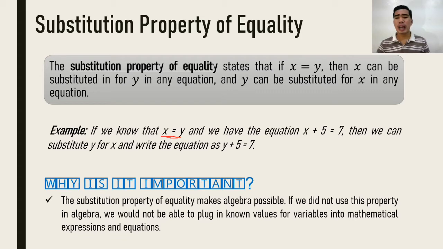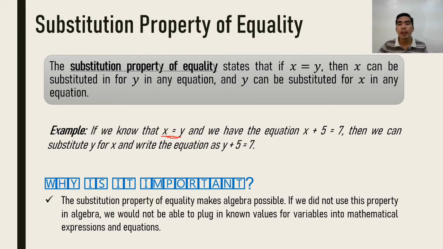This is very important. Why is it important? Take note. The substitution property of equality makes algebra possible. Take note. If we do not use this property in algebra, we would not be able to plug in unknown values for the variables into mathematical expressions and equations.